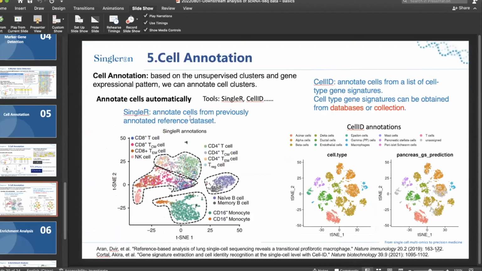For SingleR, it actually imports some of the datasets from, for example, the mouse brain atlas or the human cell atlas. These types of reference data can be used for annotating the cells. When integrating different datasets or data from different technologies, we have to deal with batch effects.